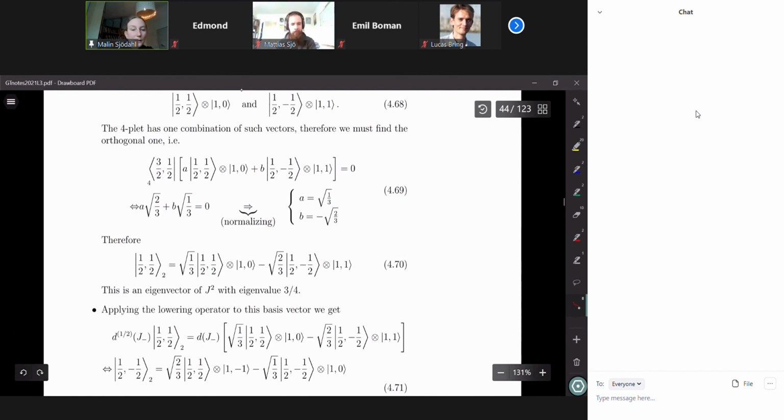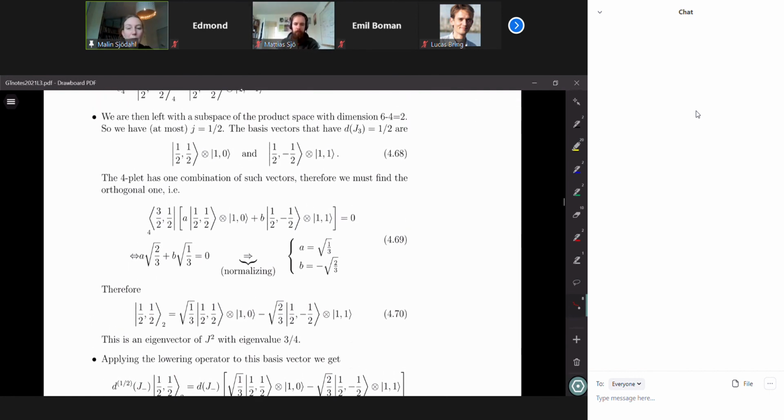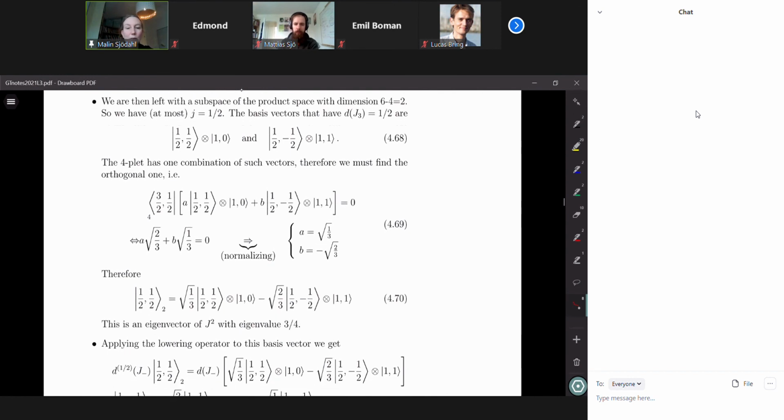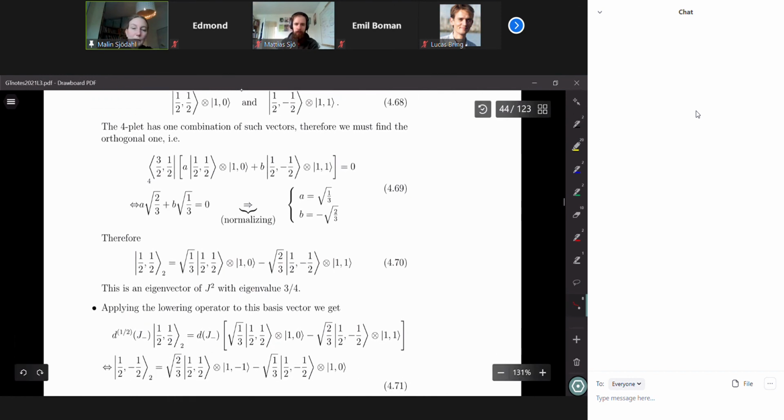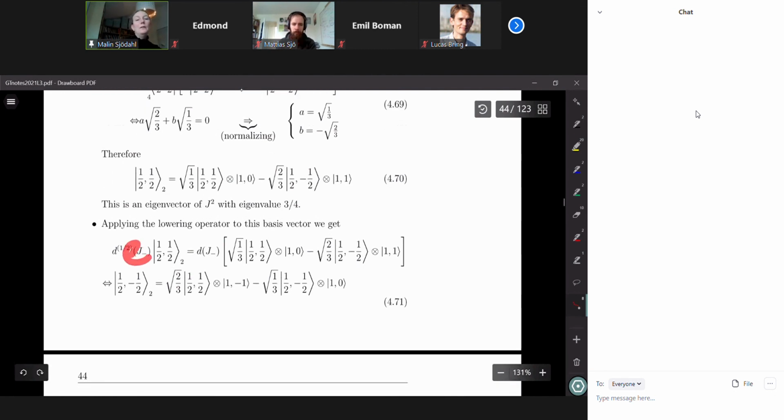And that one can check as well. So now we have actually found 5 basis vectors in this space, and we can obtain the 6th one by acting with J minus on this state here. We know that the 6th state must be within this additional 1/2 representation. So acting with J minus on this state here, we should get it.